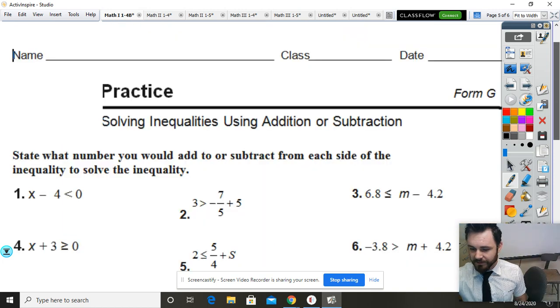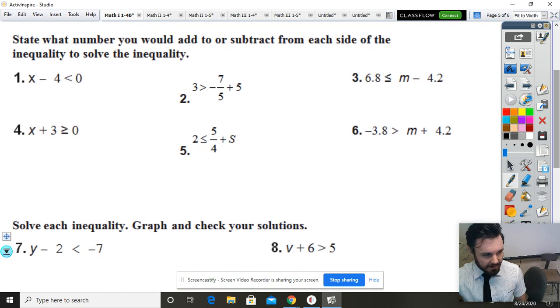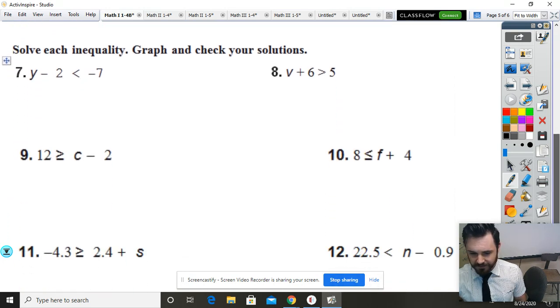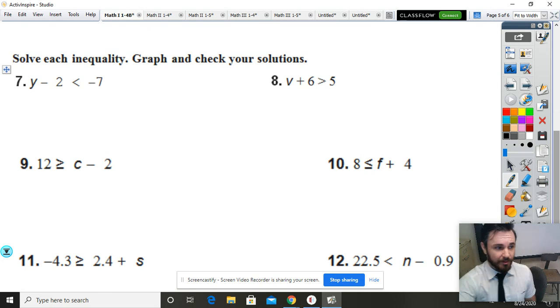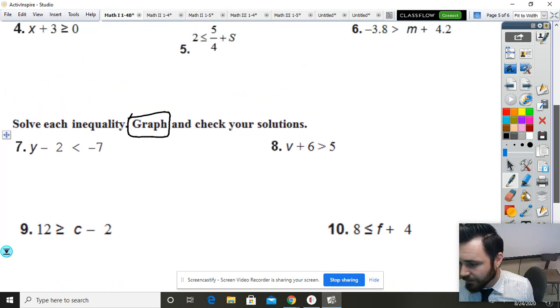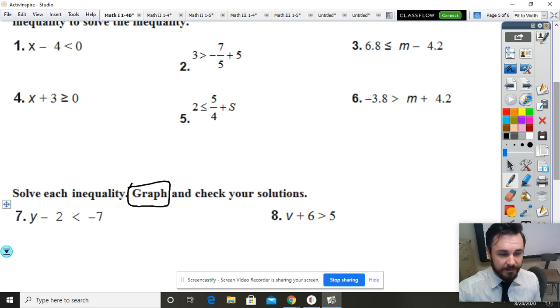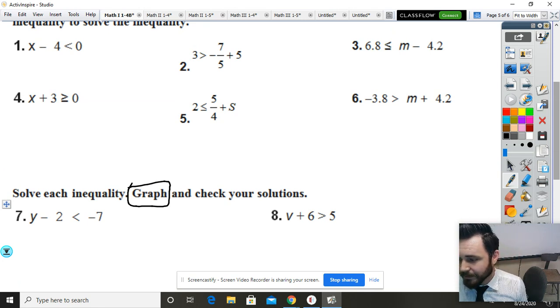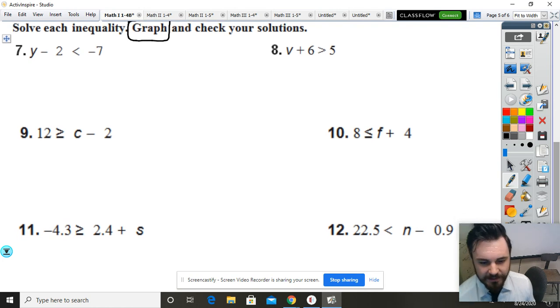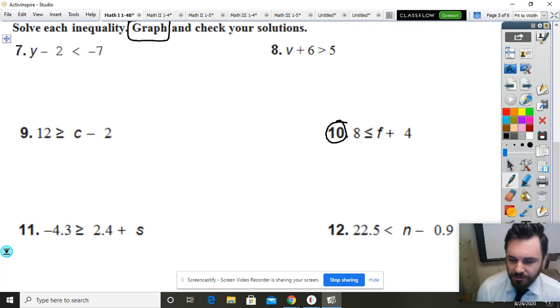All right. Guys, a lot of this is what we just did. I don't know that you really need a lot of my help on this, but let's just say graphing. On that first part of the homework, it just wants you to solve it. Don't worry about graphing it. But now it wants you to solve and graph. So let's look at what I'm looking for.